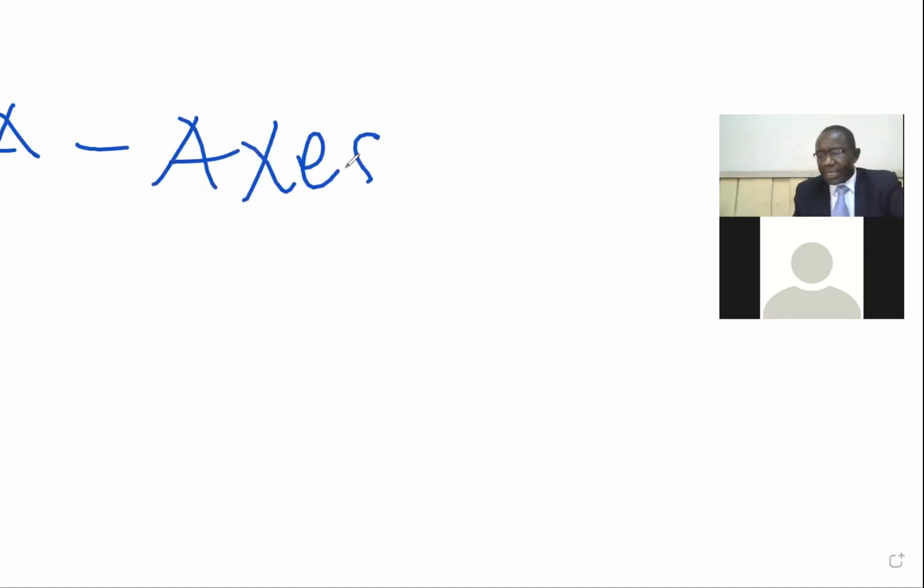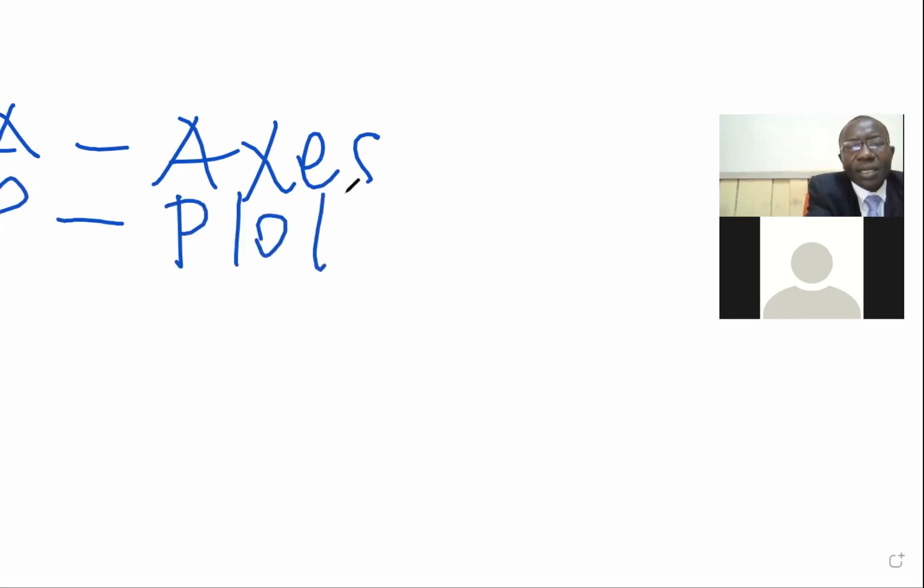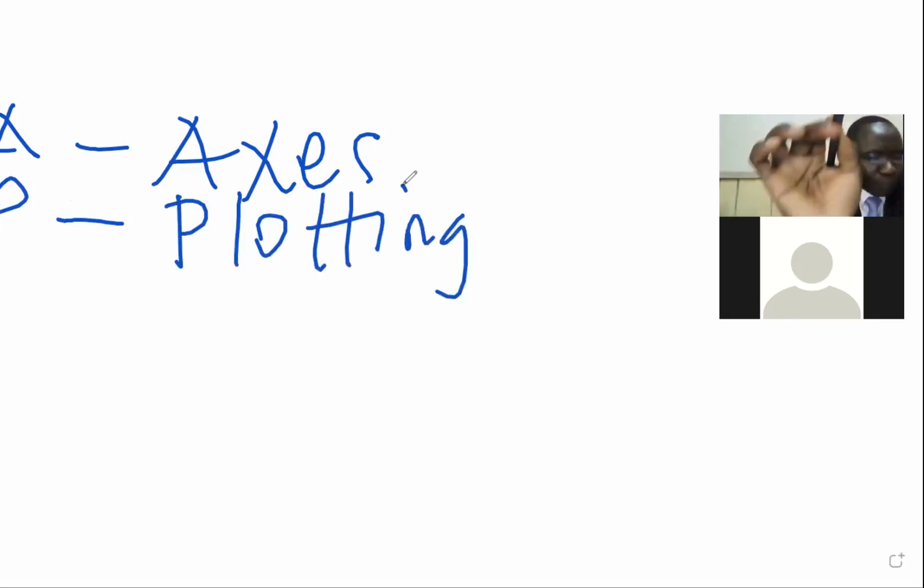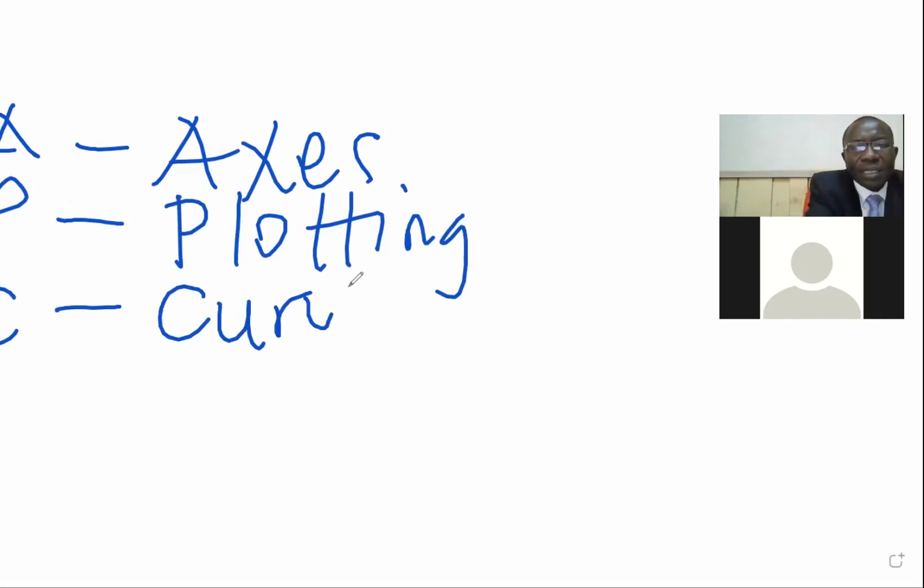There is always P standing for plotting. There is always C standing for curves. There is always S standing for scale.